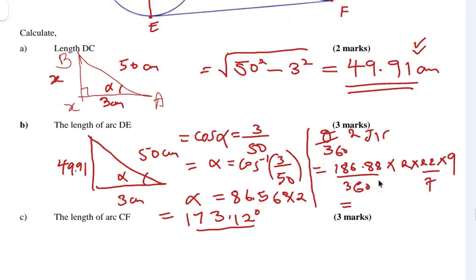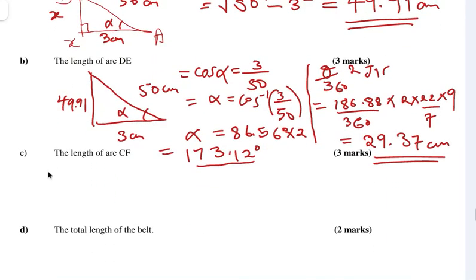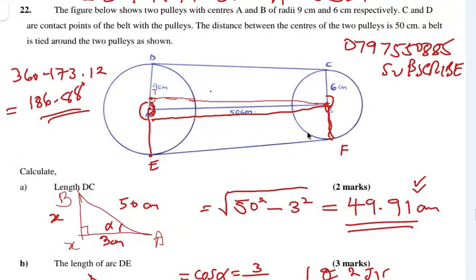So take your answer, divide by 360 times 2 times 22 over 7 times 9. The answer that you'll get will be 29.37 centimeter. So the length of arc DE tayari tushapata. The length of arc CF now, which is this one.